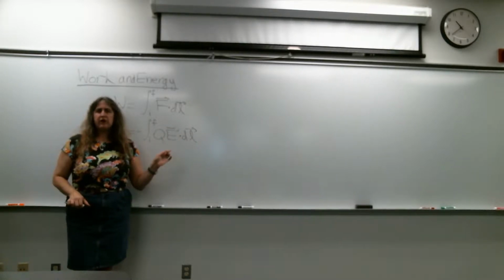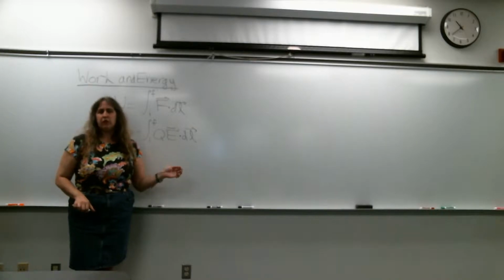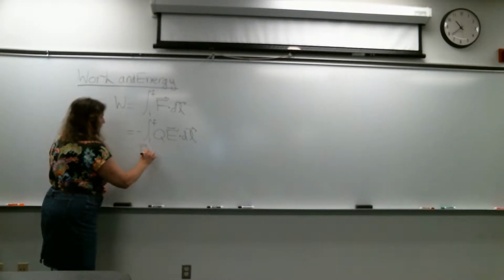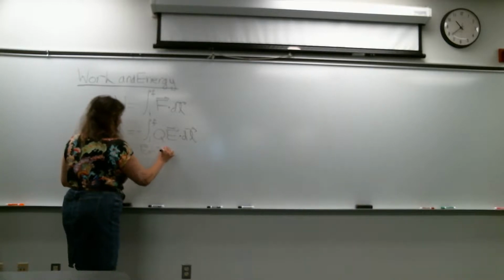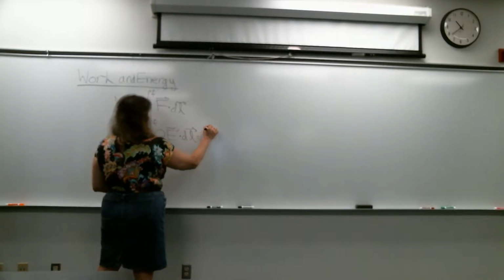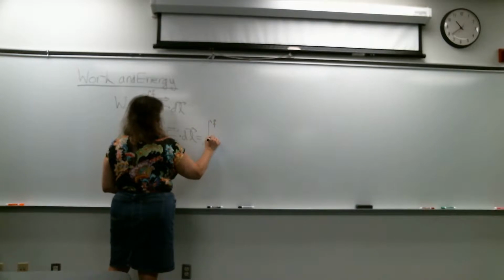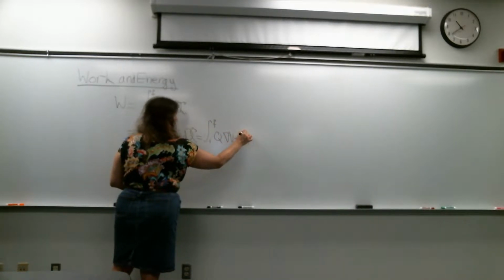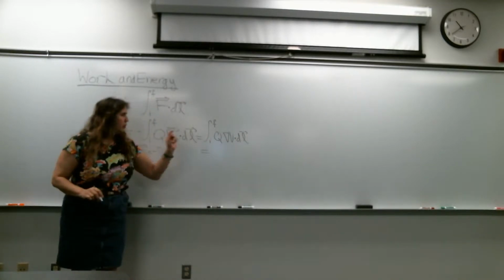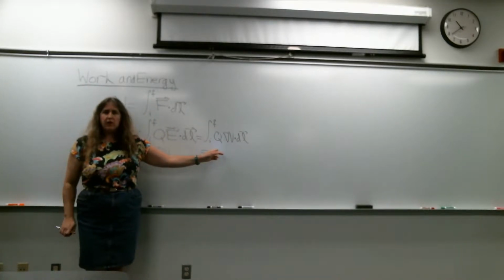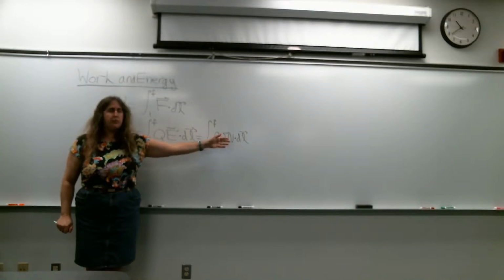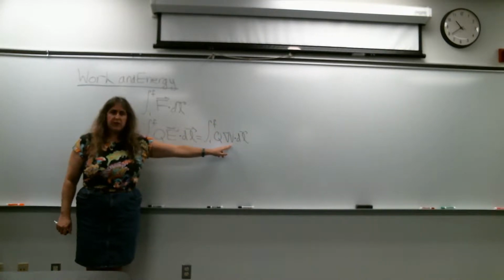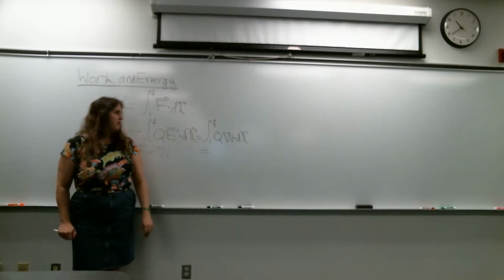And if we make use, again, of the relation between the electric field and the potential, we wind up with an expression of an integral from some initial to some final position of Q, the charge, times the gradient of the potential dotted into the line element.